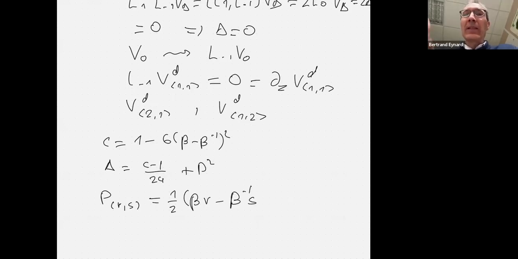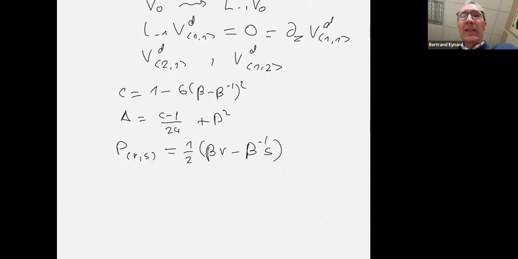Now the statement is that for a primary field VP, the index of the primary field is no longer the conformal dimension, it is the momentum P. So take a primary field VP with P equals PRS.